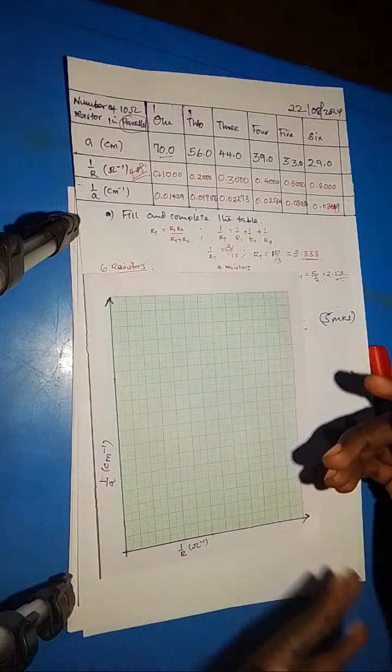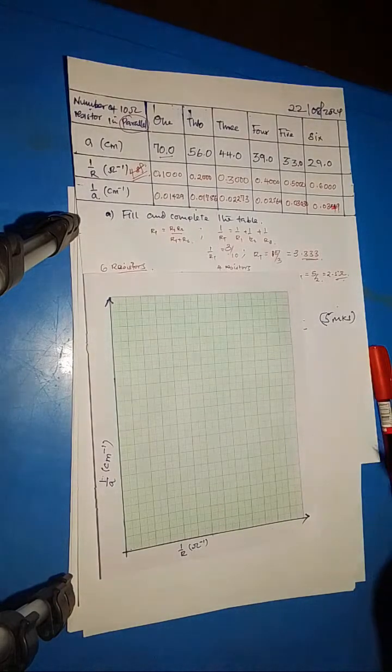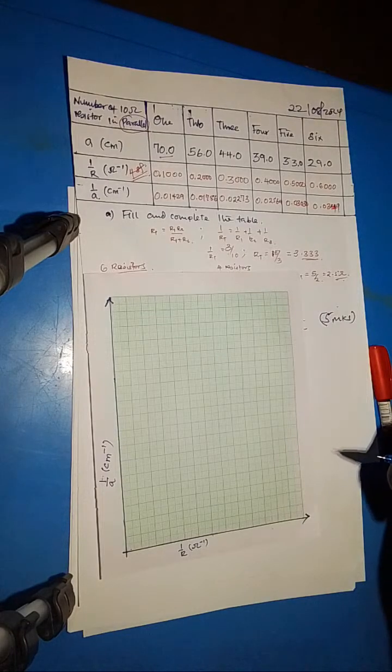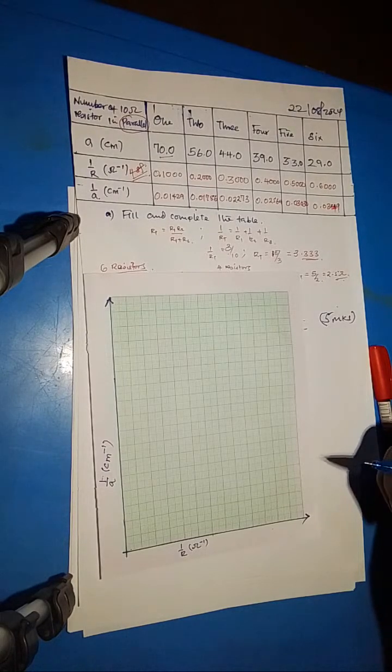I may go by these, or I may make it 1 by multiplying by 10 raised to power negative 1. I may make it to be 10, 20, 30, 40, 50, 60 by multiplying by 10 raised to power negative 2.